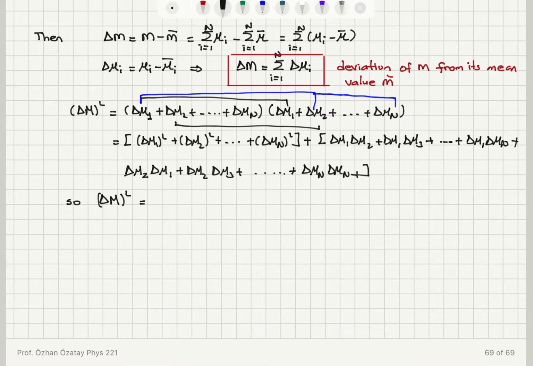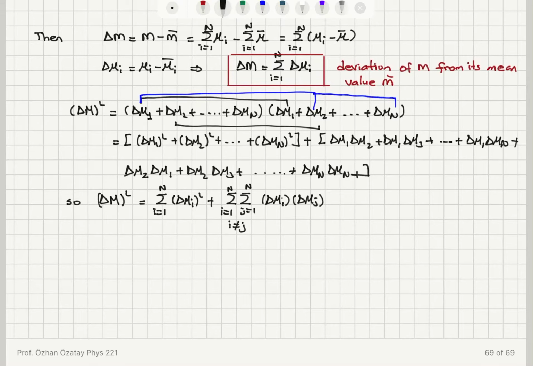I have the summation from i equals 1 to n of delta mu i squared, so I have terms like this, and then I have the summation i equals 1 to n, j equals 1 to n, i not equal to j, of delta mu i multiplied by delta mu j. Okay, so this basically takes care of what I have observed here for delta m squared.